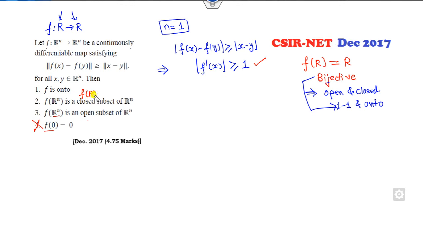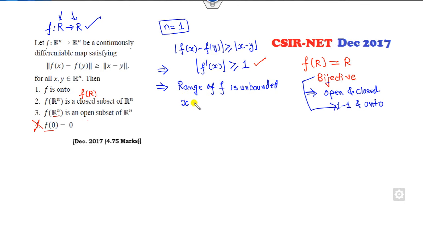So how can you think about that? Again very simple. Clearly, since the function f has derivative greater than or equal to 1, and f is R to R, what is the range of f? It is unbounded. Now, can you say it's one-one?